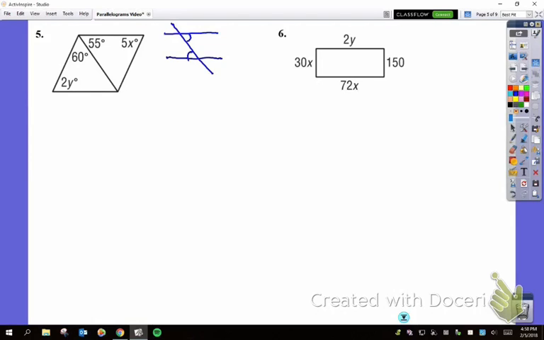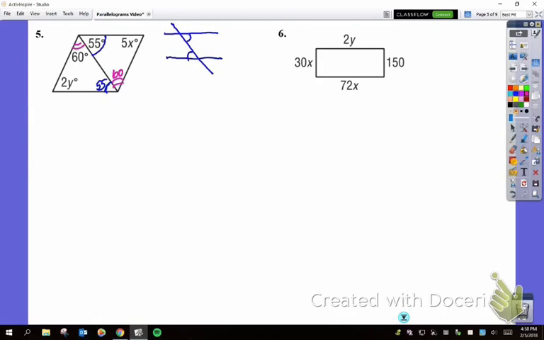So if this is 55, then this side would also be 55. And if the other side is 60, then this side would also be 60. Okay, now, a couple different ways we can do this problem.